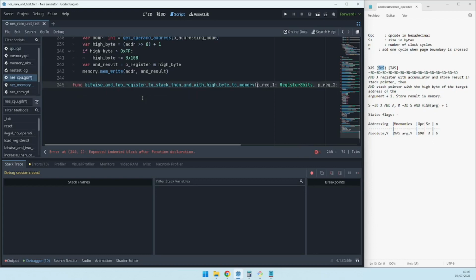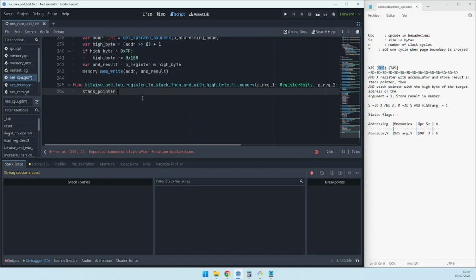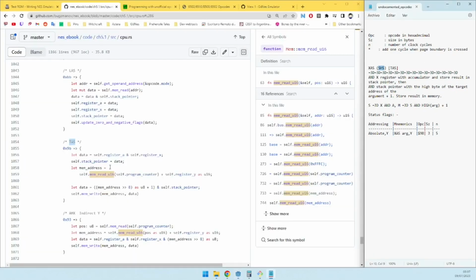It doesn't like the new line. Okay. And like this. No. And like this. No. Well, whatever. So, stack pointer equals P register 1 value and P register 2 value. That is the first part.